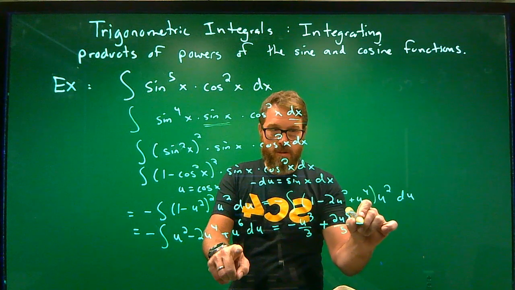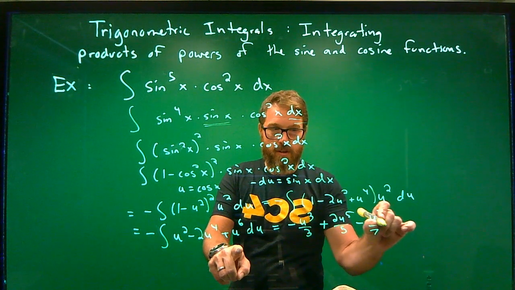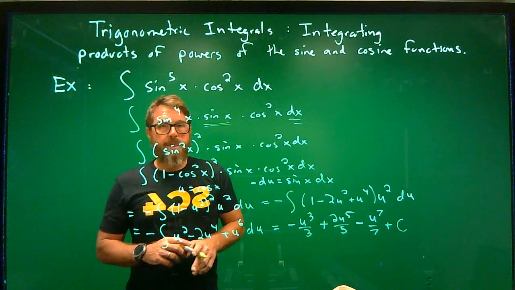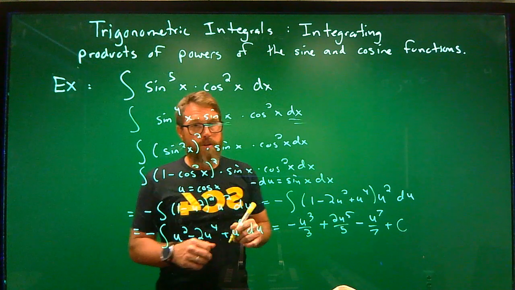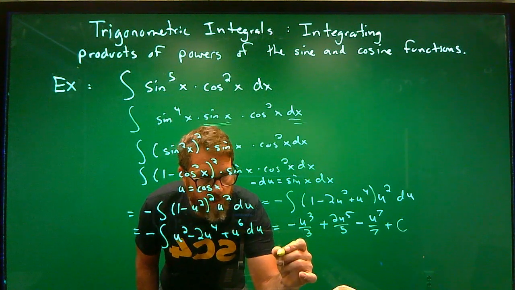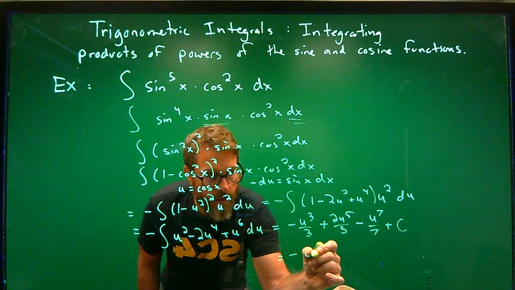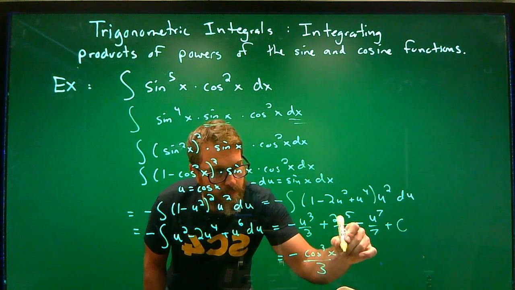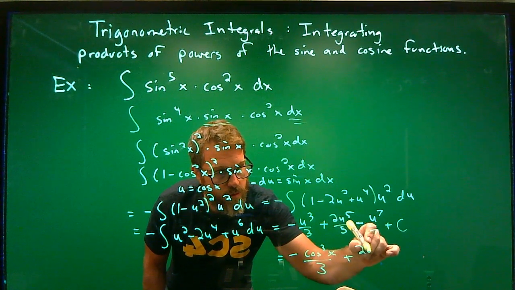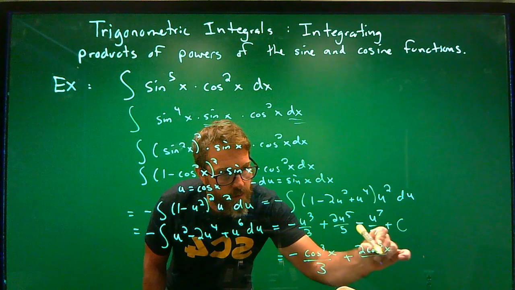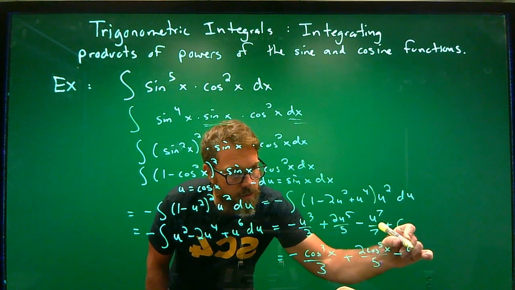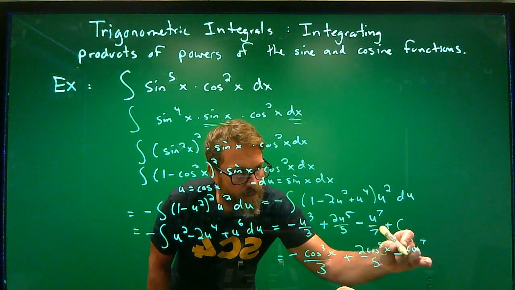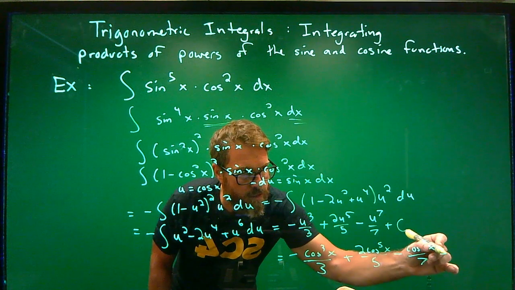Minus a minus is going to be minus u to the 7th over 7 plus c. And then we just unsubstitute. Your u is going to be your cosine function. So to finish this off, it is minus the cosine cubed of x over 3, plus 2 cosine to the 5th of x over 5, minus cosine to the 7th of x all over 7 plus c.